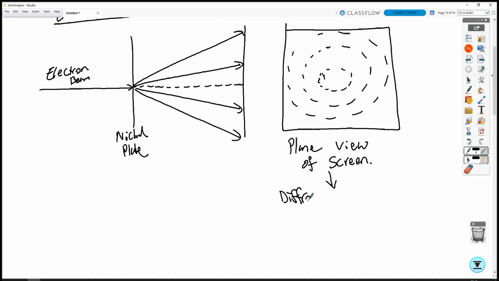So this is called a diffraction pattern. What's the difference between a diffraction pattern and an interference pattern? Interference pattern happens in a double slit. The diffraction pattern can happen in one slit, multiple slits.